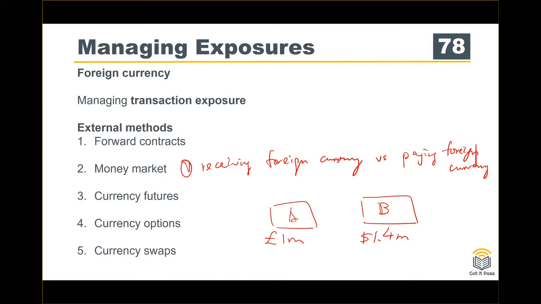So in this case, they will find a bank, and the bank helps to line up each party.